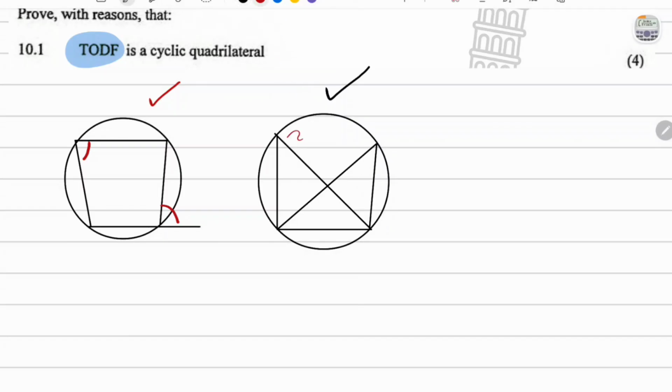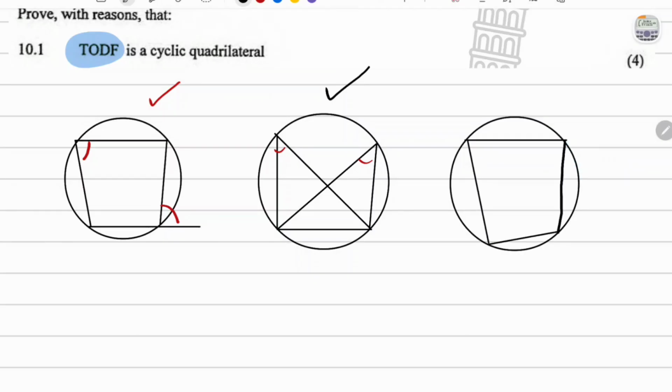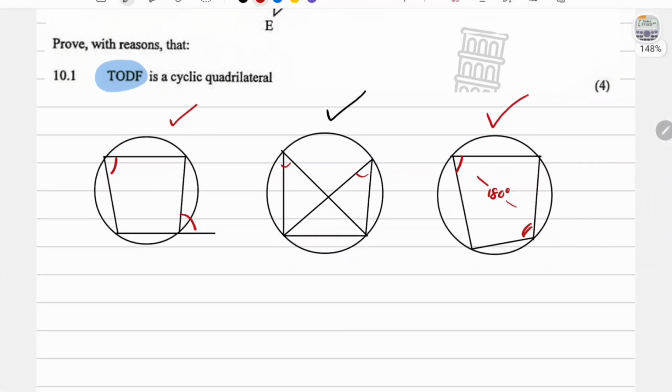And the third way is if you have a quad and the opposite angles of this quad add up to 180 degrees, then this is a cyclic quadrilateral. Okay, so those are the 3 ways.